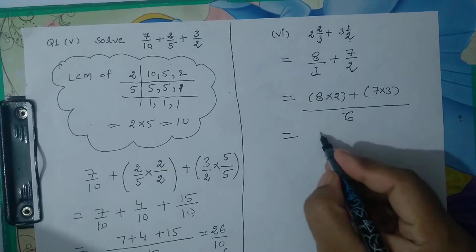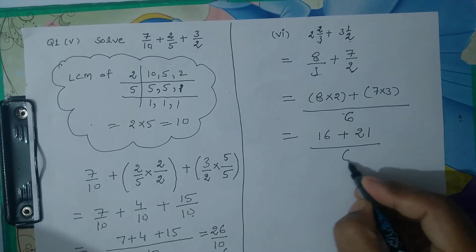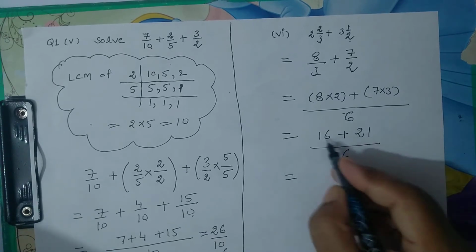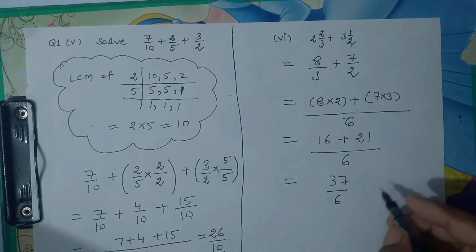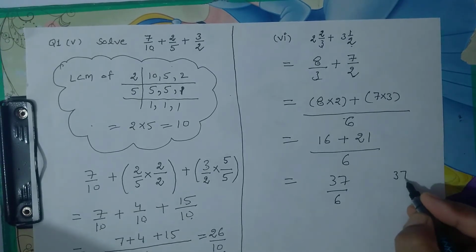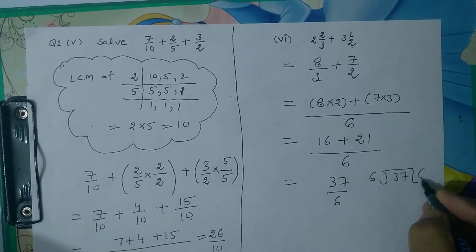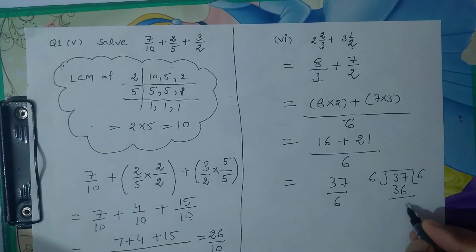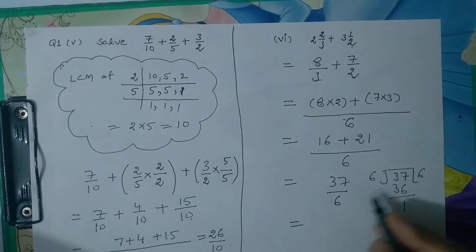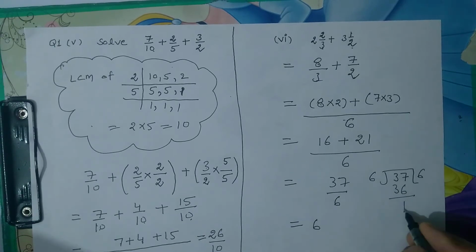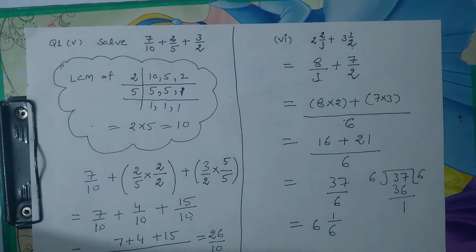The answer is 16 plus 21, which is 37 upon 6. So now what do we do? 37 is divided by 6. 6 sixes are 36. 1 is the remainder. So we write 6 and 1 upon 6. This is the final answer.